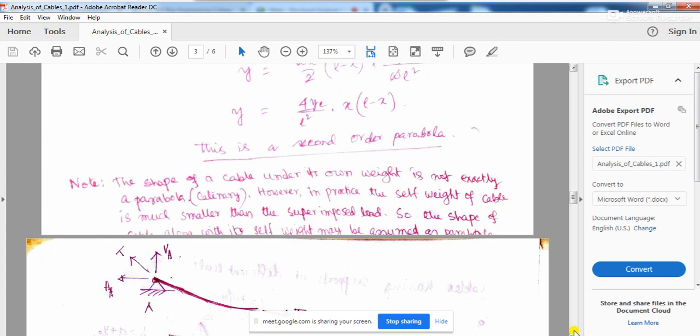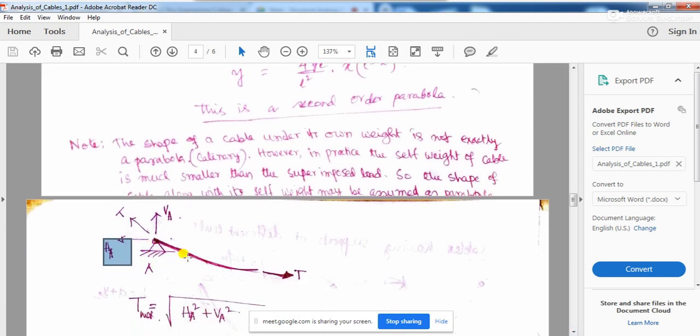Now we'll be ending the class. We have now found out the value of VA and the value of HA. So how much will be the tension in the cable? With this kind of support mechanism, there will be tension in the cable in this direction.